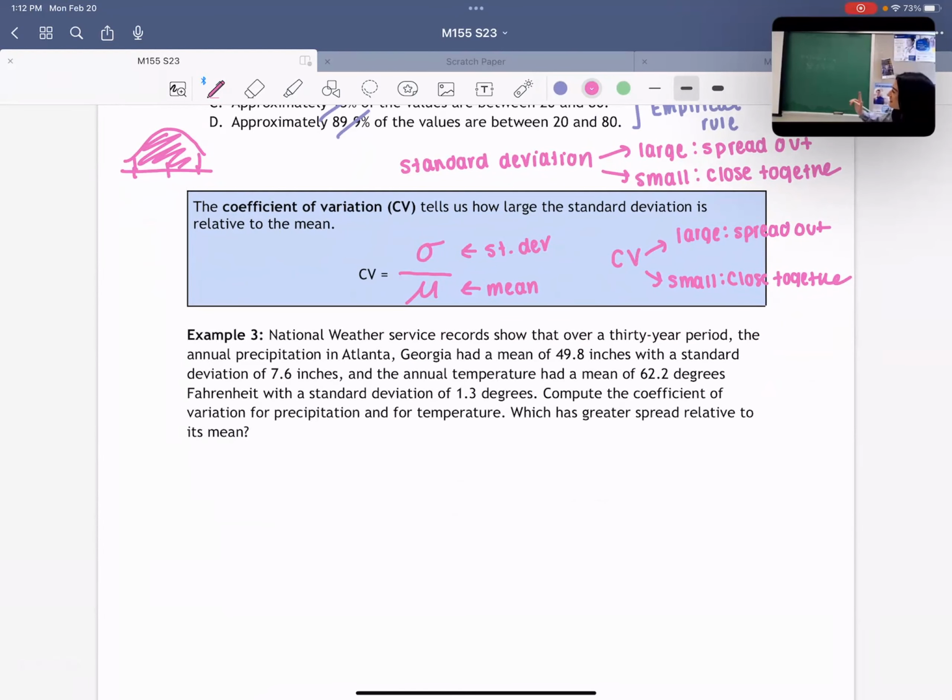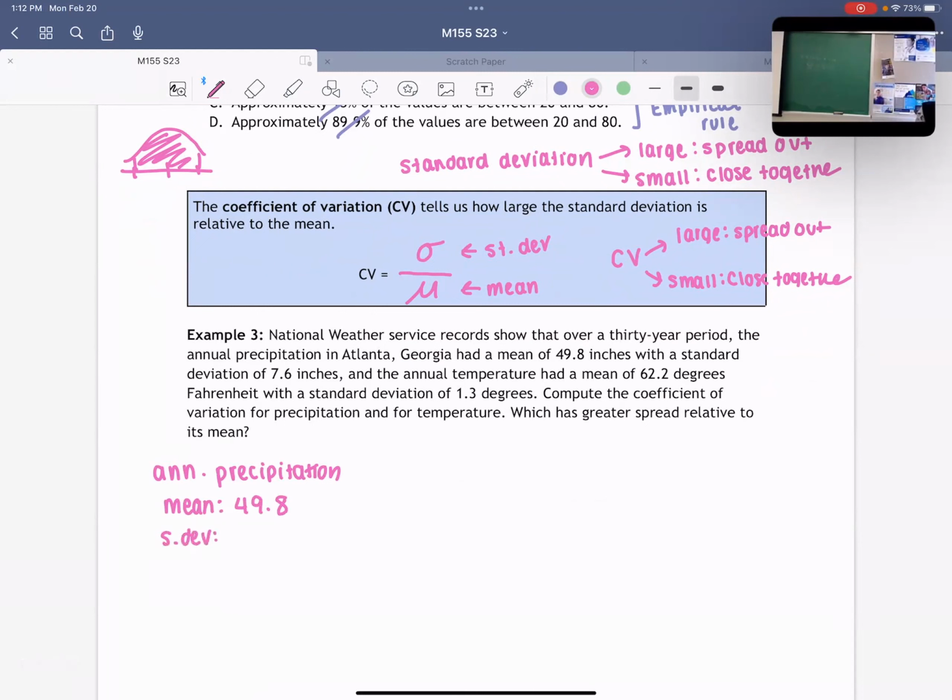So it says the annual precipitation in Atlanta, Georgia has a mean of 49.8 and a standard deviation of 7.6.